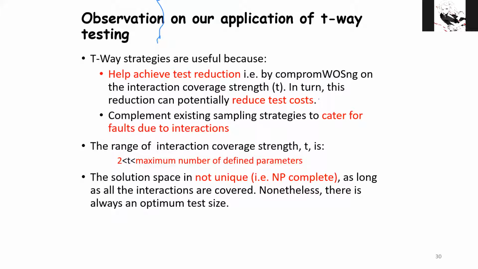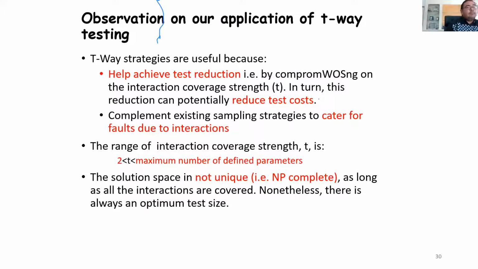You can make that conclusion. Okay, so the range of interaction coverage is 2 less than T less than the maximum number of defined parameters. If you have 4 defined parameters, then the full strength is T equal to 4. The minimum is T equal to 2. We cannot have T equal to 1 because this is about interaction.